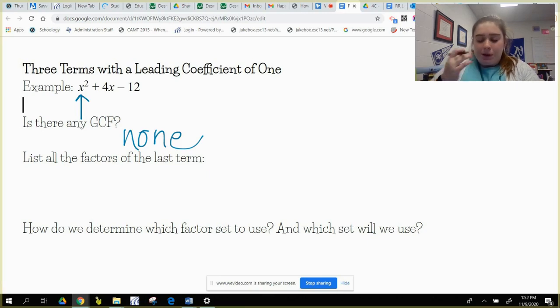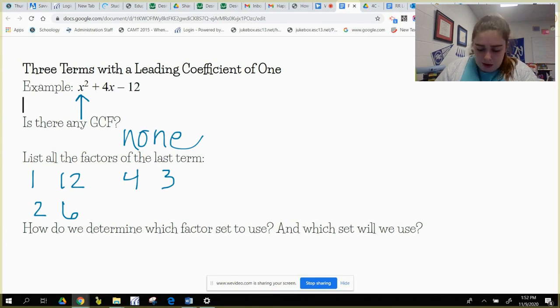So let's think, what numbers can we multiply to get 12? We can have 1 and 12. We can have 2 and 6. We can have 4 and 3. Okay, so now let's go back, and in those sets we need to make one number negative. This one we could have 1 and negative 12.